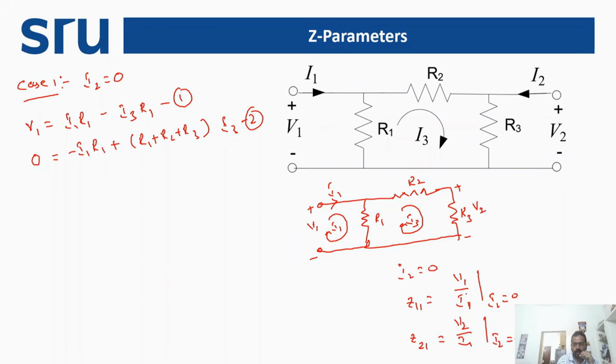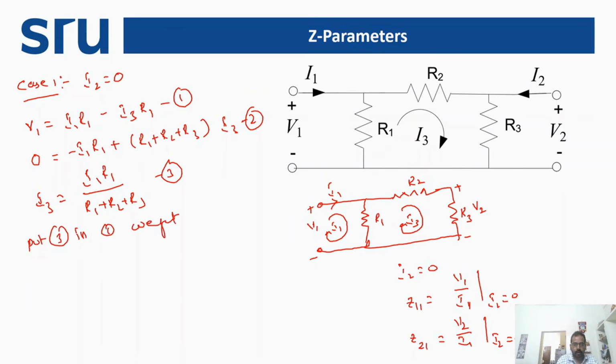If you observe, we don't have an I3 term in the expression, so we shall eliminate I3 first. Rearranging equation 2, we can write I3 equal to I1 R1 divided by R1 plus R2 plus R3. Now if we put 3 in 1, we get V1 equal to I1 R1 minus R1 into I3, that is I1 R1 divided by R1 plus R2 plus R3.